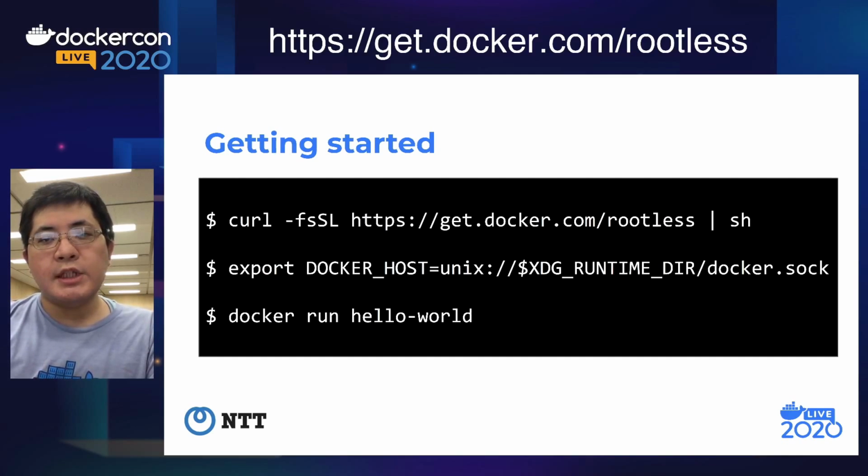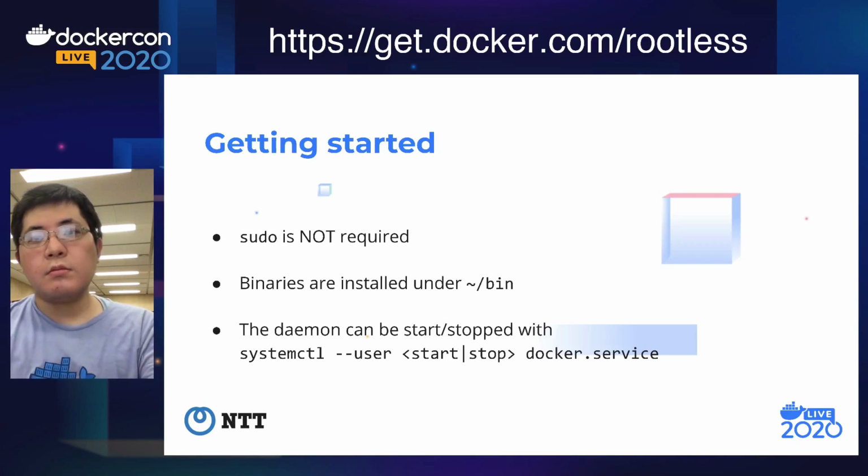That's all of the installation steps. For installing Rootless mode, you do not need root privileges, and of course you don't need sudo. And all binaries can be installed under your home directory, so you don't need to have write access for /usr/bin or /usr/local/bin.